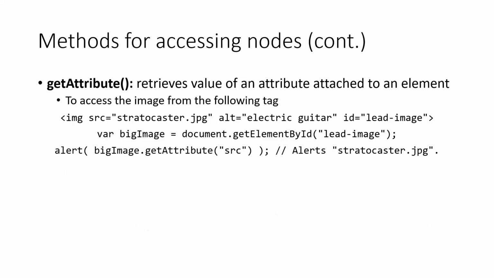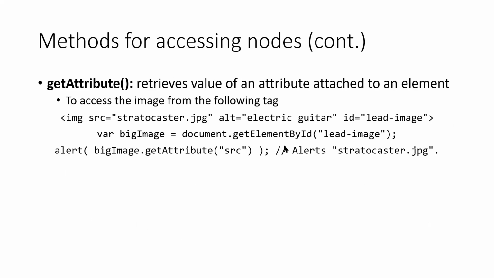And the next one is get attribute. Sometimes you want to get attribute values. Let's look at the HTML tag img src. We have this JPG file, and then we have an ID. Then we say var big image equals document get element by ID lead image.